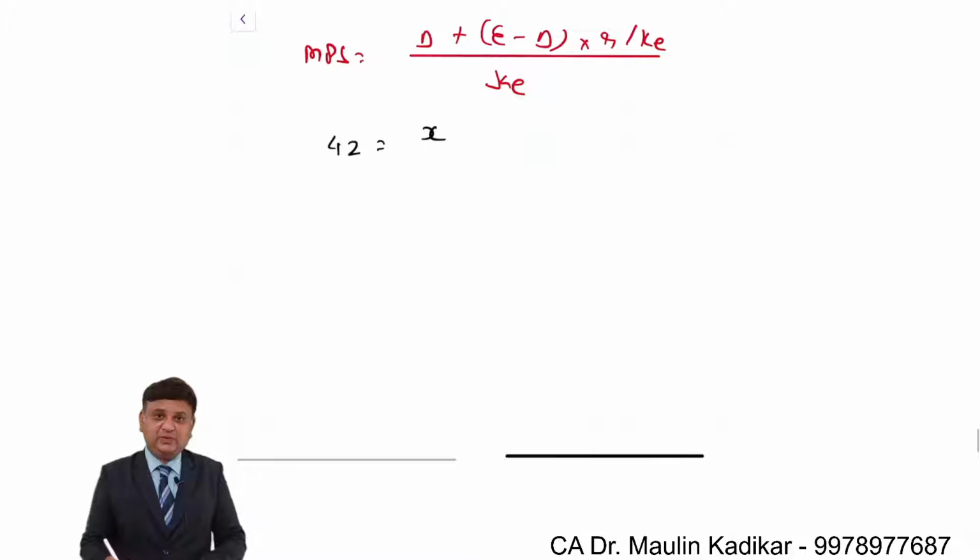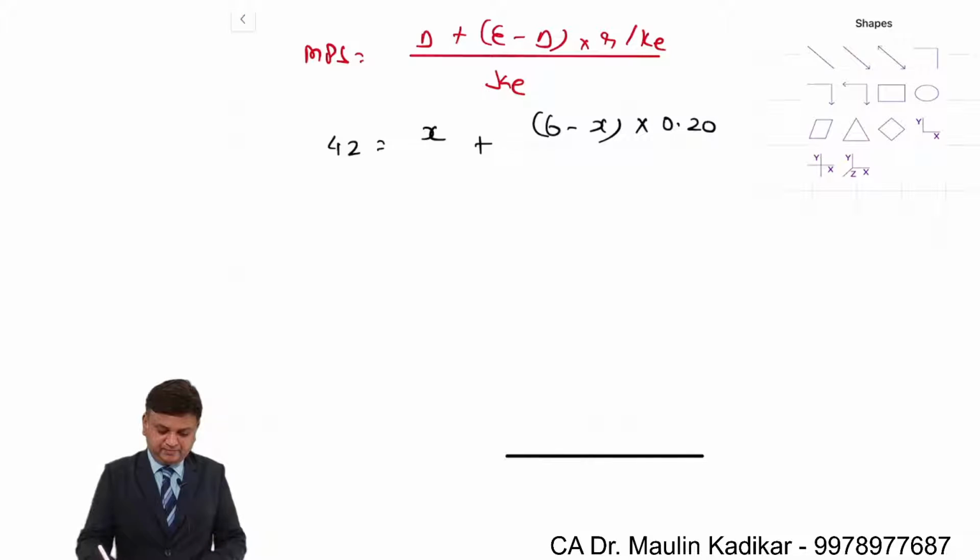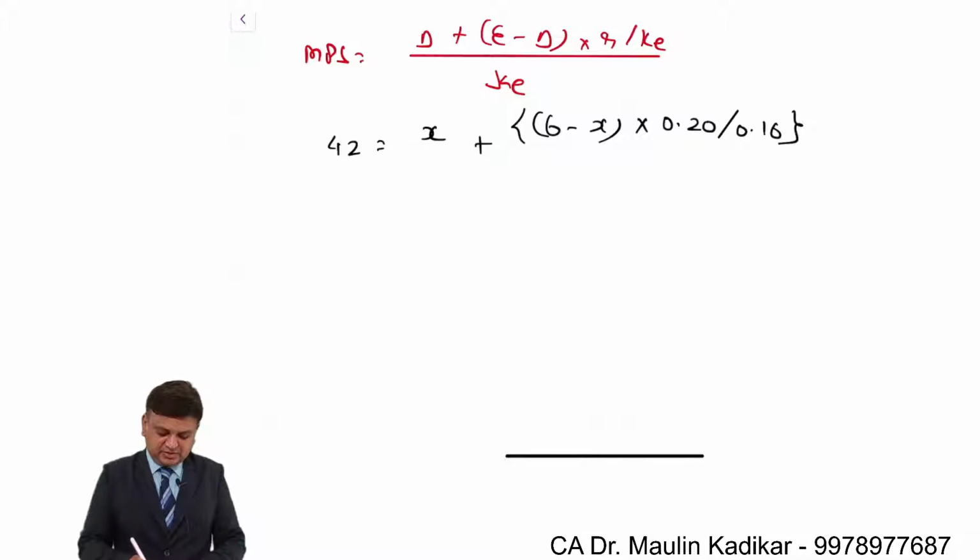I am assigning X variable to the dividend per share. 6 minus X once again. R is 20%, K is 16%, whole divided by 16 percent.